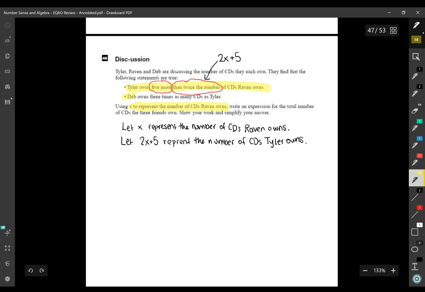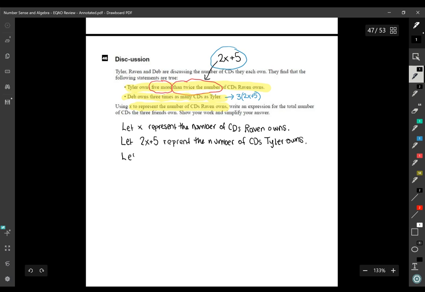Okay, so it says Deb owns 3 times as many CDs as Tyler. Okay, well, we already figured out how many Tyler has, right? Tyler has 2X plus 5. So 3 times as many CDs as Tyler has, well, it would just be 3 times (2X plus 5), right? So that's going to be our expression for Deb.